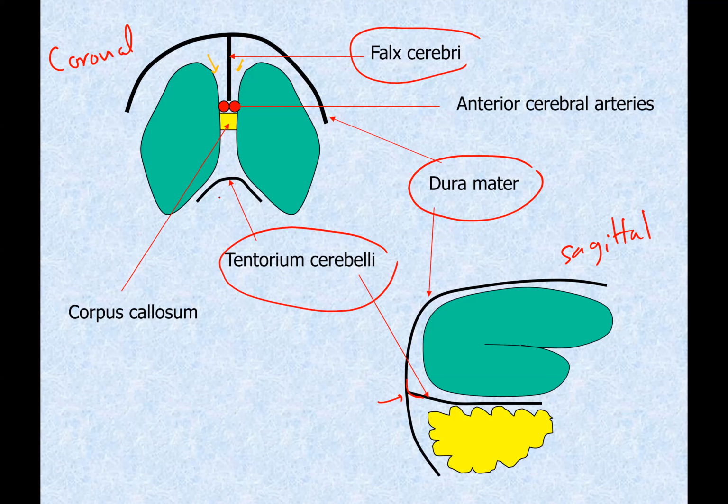So this is how you see it in the coronal section, tentorium cerebelli, which separates the cerebrum above from the cerebellum below. So this is the posterior cranial fossa area where the cerebellum lies. These two areas are separated by the tentorium cerebelli, which is again an extension of the dura mater.